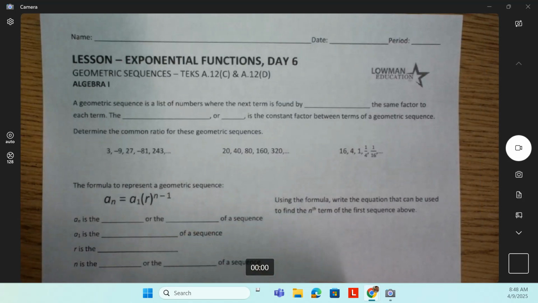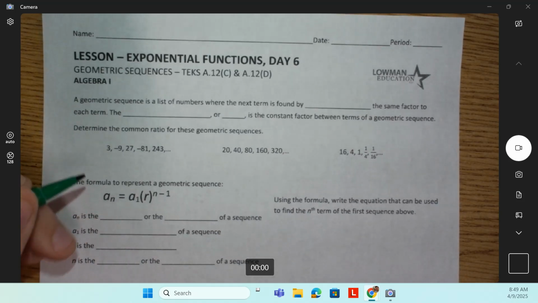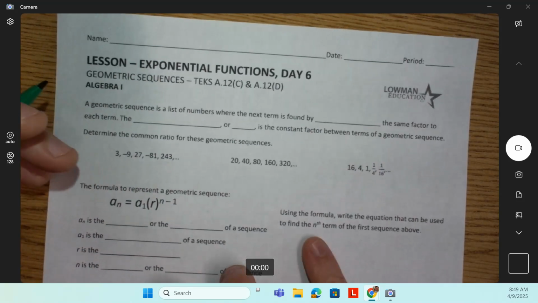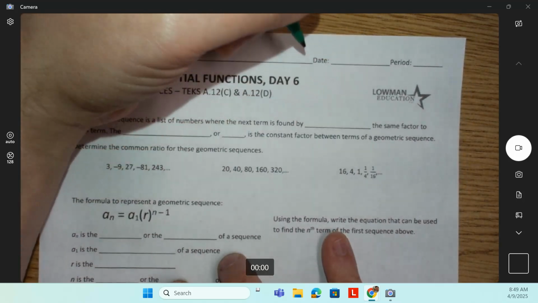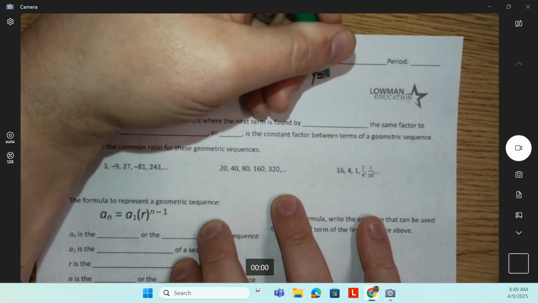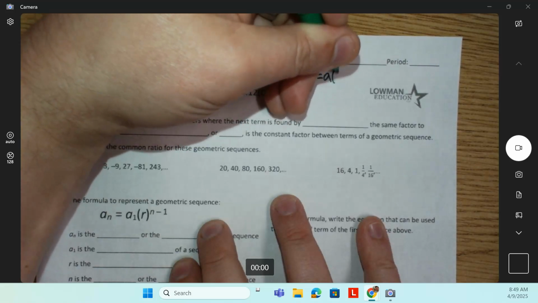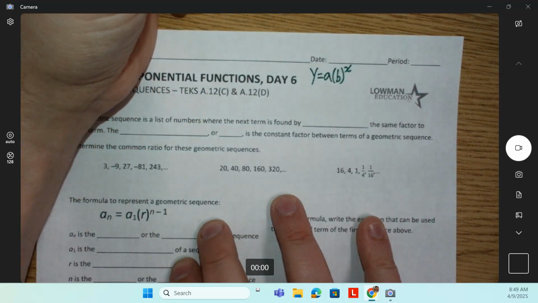All right, we're looking today at geometric sequences, or algebraic sequences, or arithmetic sequences, whatever you want to call it. And if you're looking at it and you say, hey, this formula looks vaguely familiar to stuff that we've been doing, you would be correct. Just a quick translation: we have y equals a times b to the x power. That's our exponential function.